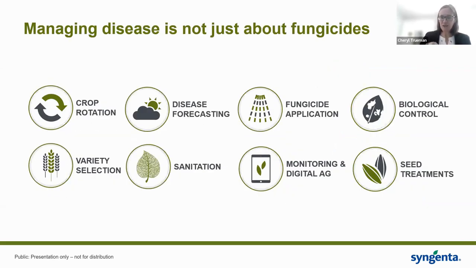And I like to remind people that managing diseases is not just about fungicides, right? In the presentation on anthracnose earlier today, you heard some really good examples of that. There was some discussion about how different varieties of strawberries have different susceptibility to anthracnose. So that's one example: variety selection.